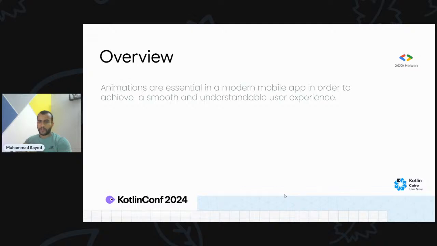Imagine you work on an app with good architecture, the code itself very well structured, but it's not very good in terms of user experience. Animation is a key tool here that we can use to enhance user engagement and usability for the app.